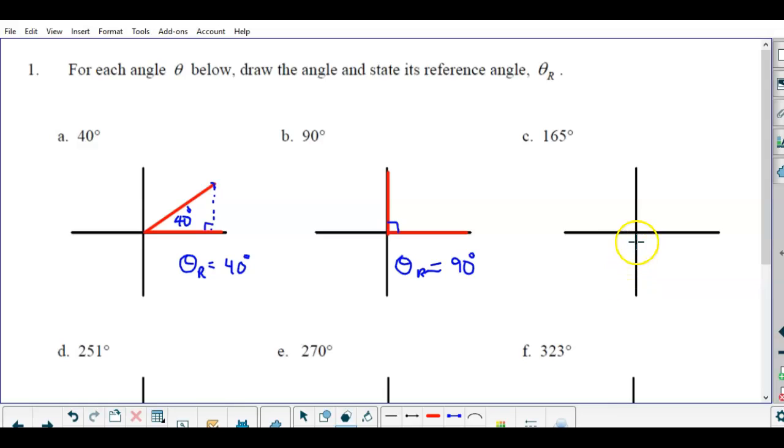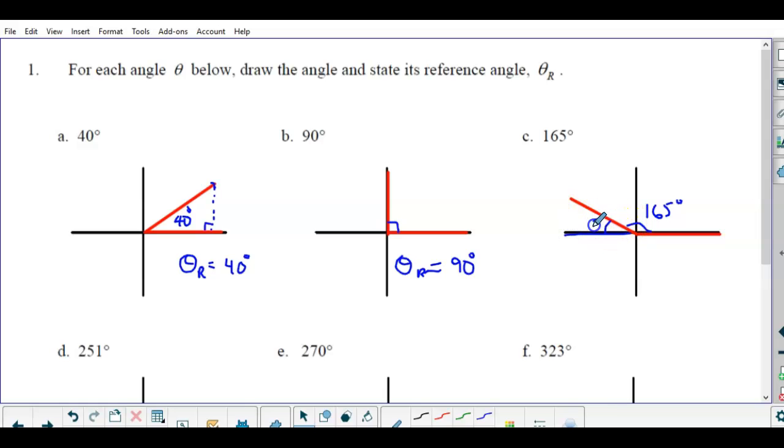165. Remember, 90 gets you vertically, 180 is horizontally, so we're going to start here, and 165 is something like that. Now, to get your reference angle, you have to look at the angle formed by the x-axis and the terminal arm. So that would be over here.